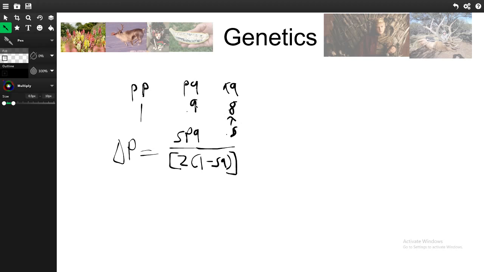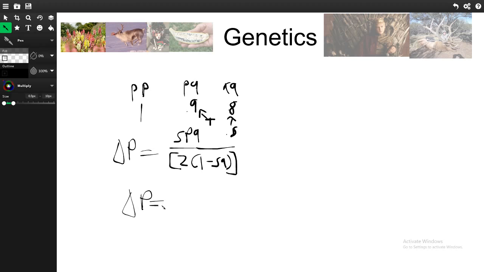And you might be wondering, well, what about this number? We'll get to this later, but this one's actually your T value. And this is the same thing again, selection coefficient. It's just distinguishing between these two. So we're going to use this as our S value since we're solving for this particular allele.